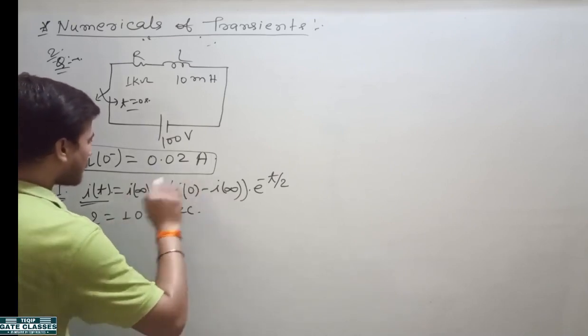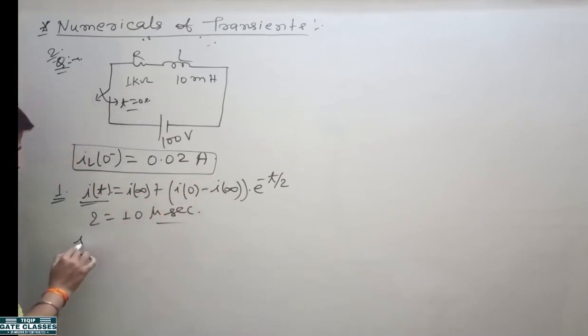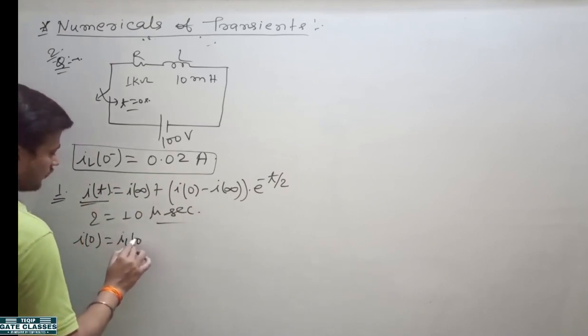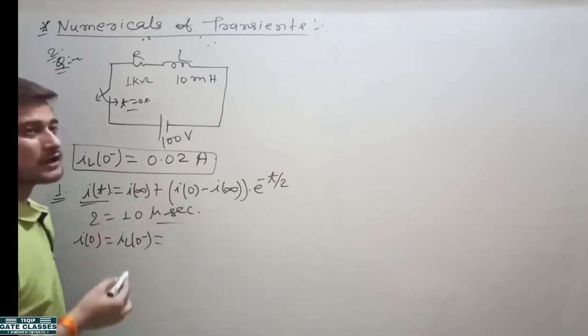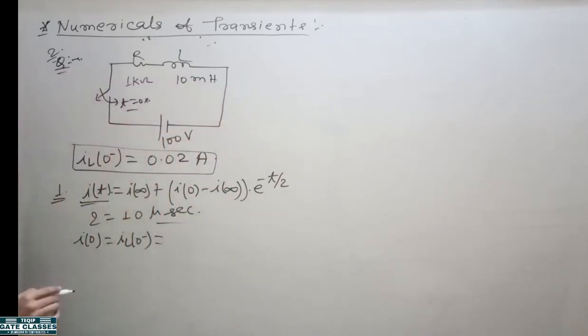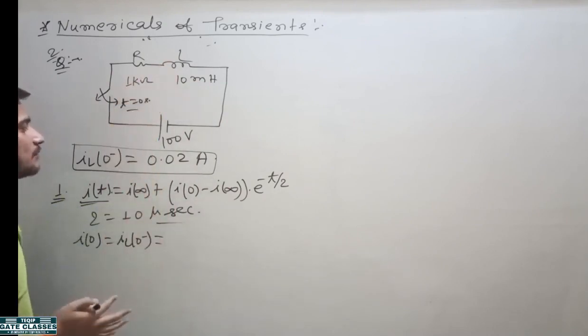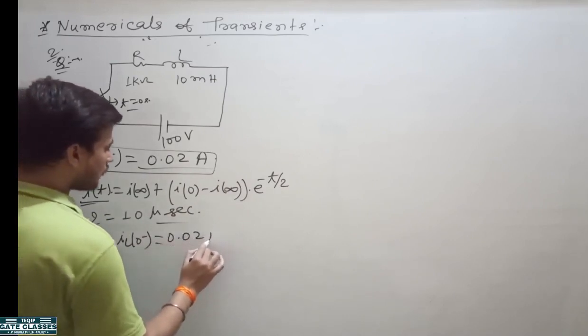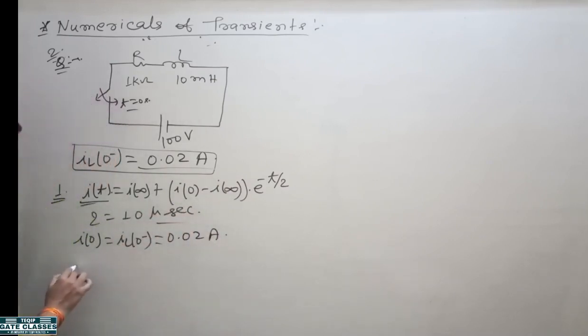Clear? Now what will be the value of I0? I0 will be equal to IL 0 minus, because inductor does not allow sudden change in current. Even if you close the switch at t equal to 0, the current will be the same as the current before the switch is closed. That means 0.02 ampere. And I infinity will be how much?